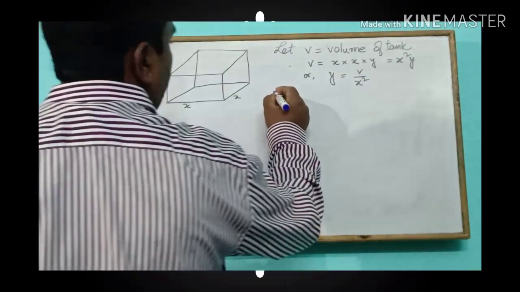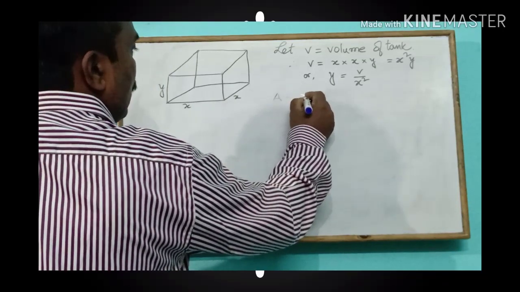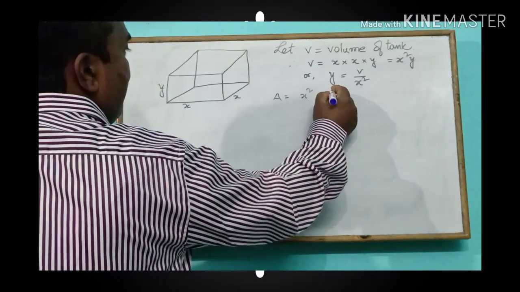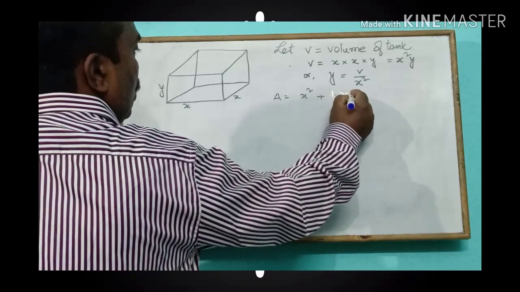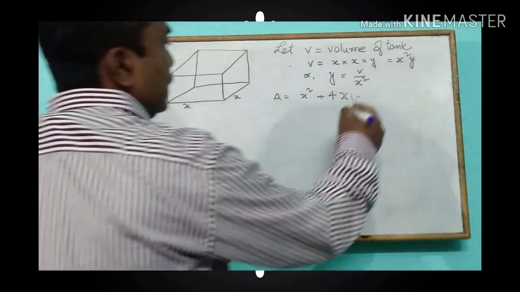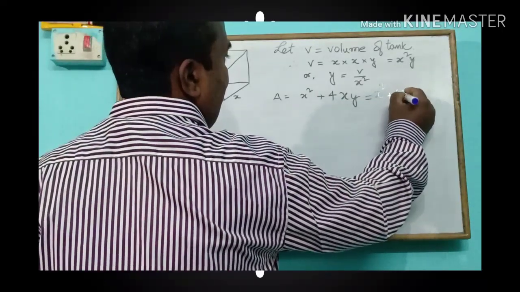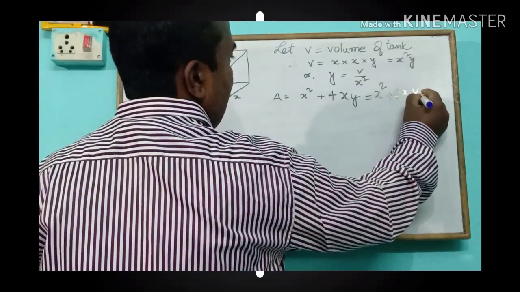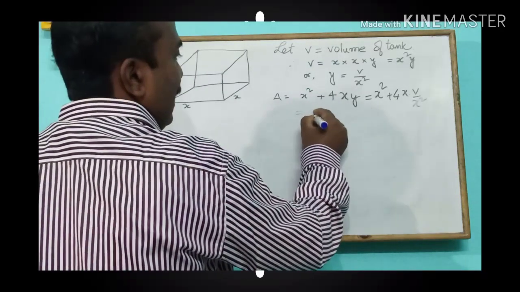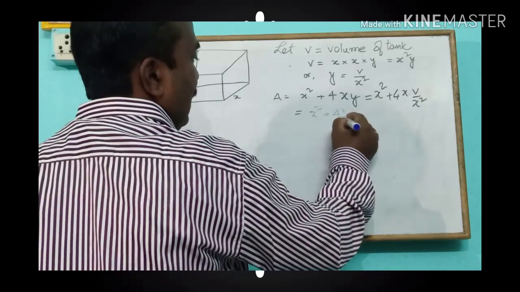Let the surface area be A, that is base area x square plus 4 walls, that is 4xy. So this is x square plus 4x into V by x square, or x square plus 4V by x.